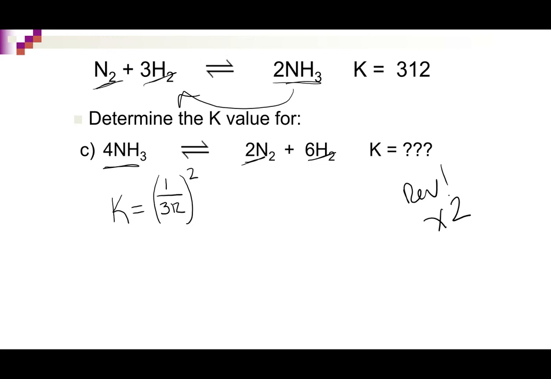Do you square it first and then take the reciprocal, or reciprocal then square it? The algebra is going to come out the same. Okay. So I'm going to take 1 divided by 312, and then I'm going to square that number. And I get something really little. So 1.05 times 10 to the negative 5th.